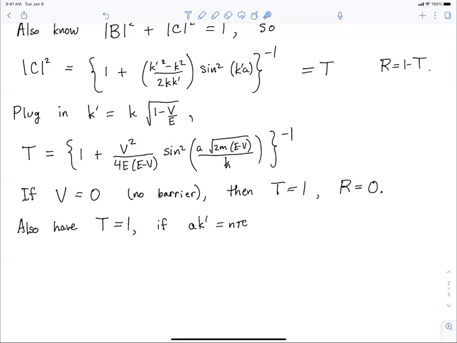So here I'm going back up to this version of it. Okay, and so if that's true, then that means k prime is n times pi over a for some integer n. That will make the sine function vanish. And so the barrier will be transparent, meaning t equals 1.